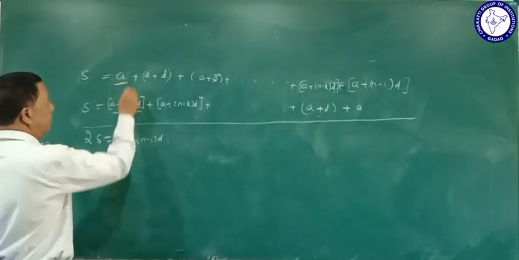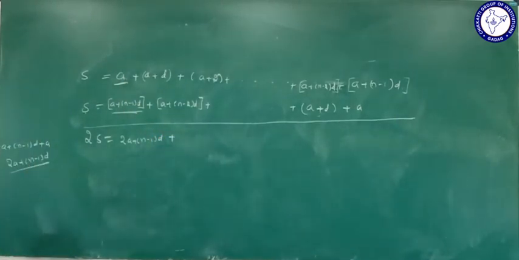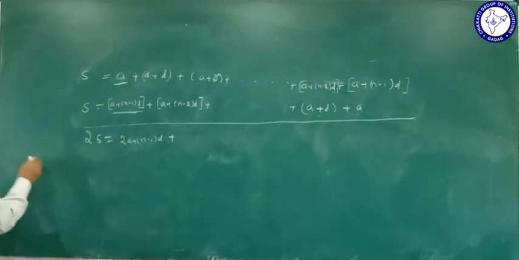So you have got this plus this. Again you have to go for adding the next, this and this. What is this?